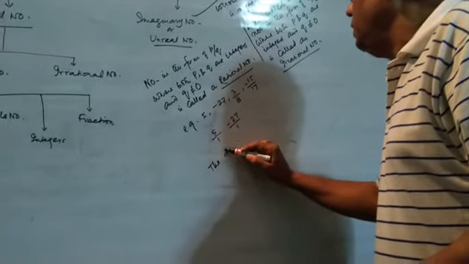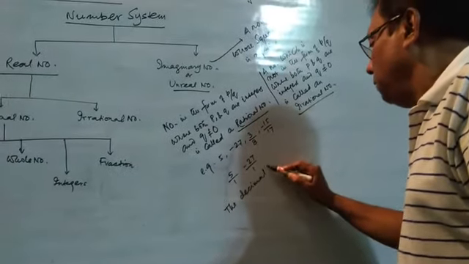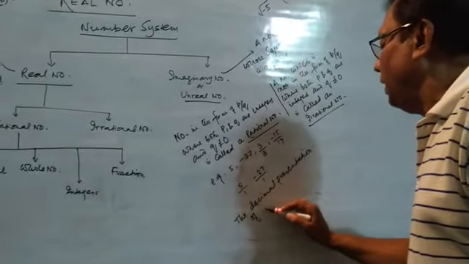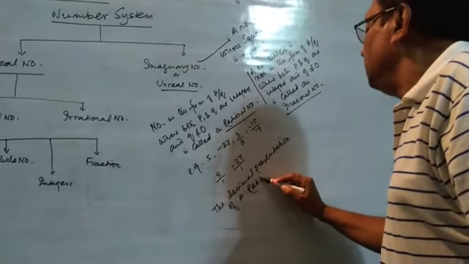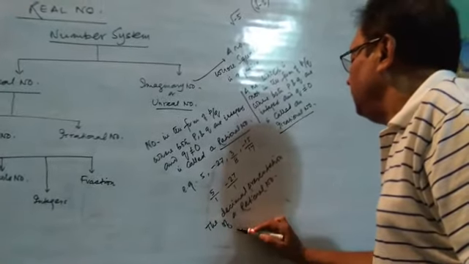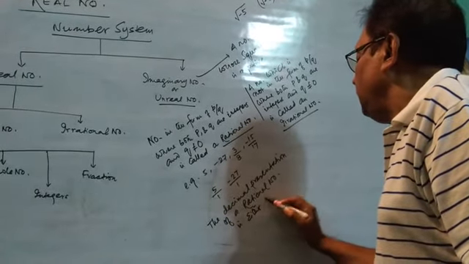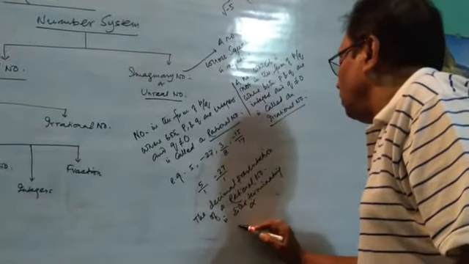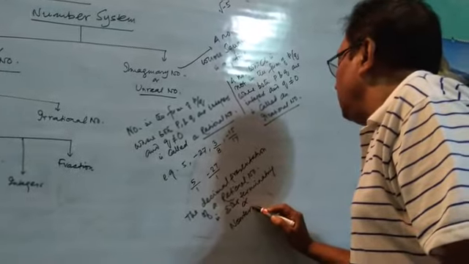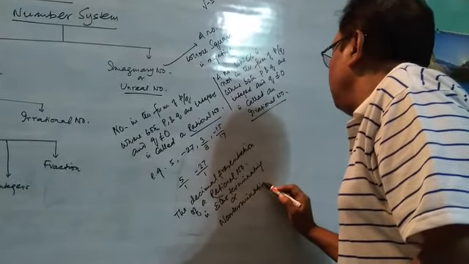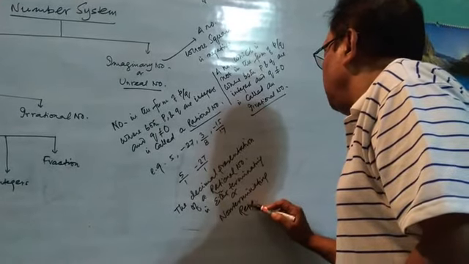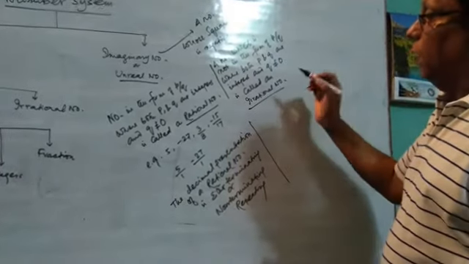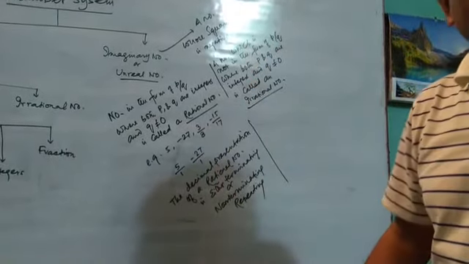The decimal representation of a rational number is either terminating or non-terminating, repeating.